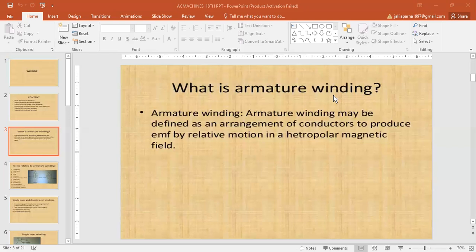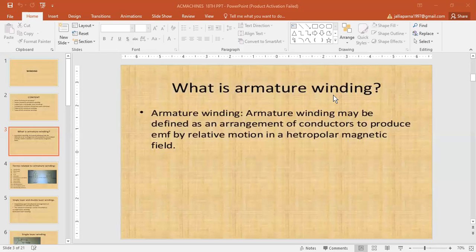Pole pitch may be defined as the periphery of the armature divided by the number of poles of the generator, that is, the distance between two adjacent poles. It is equal to the number of armature conductors per pole. If there are 48 conductors and 4 poles, then pole pitch is 48 by 4, equal to 12.